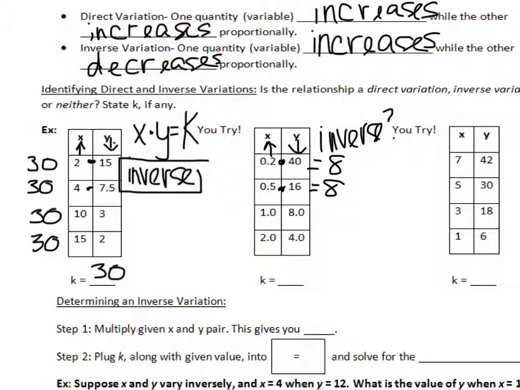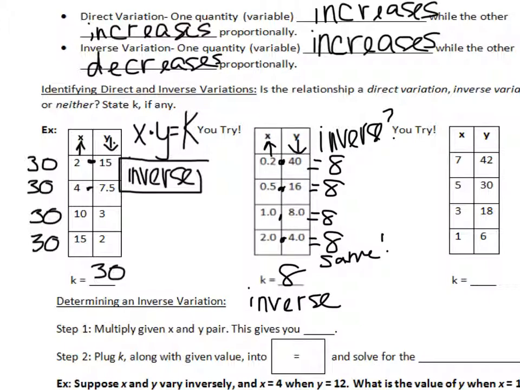Ignore the decimals because we just have 1 times 8, which is 8. And then 2 times 4, which is also 8. So since they're the same, just like in the first one, we know that it's an inverse, which means we can state k, which in this one is 8.